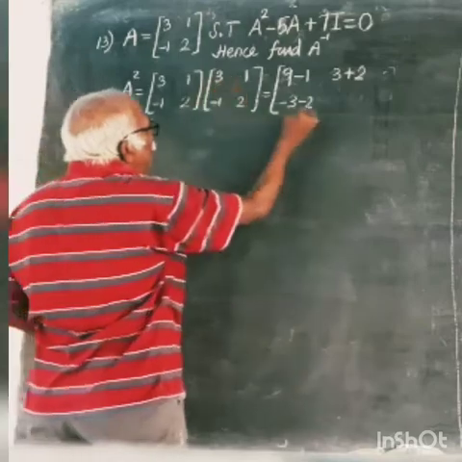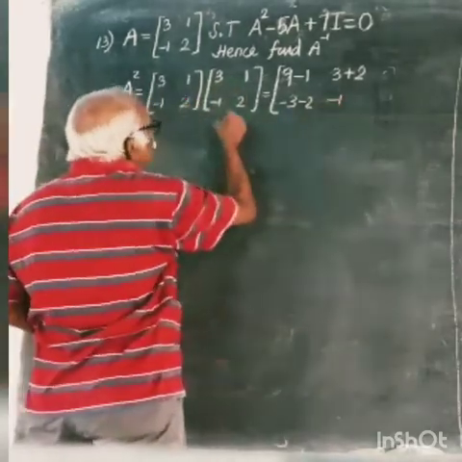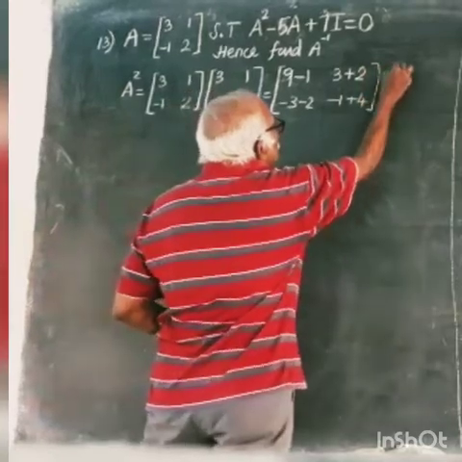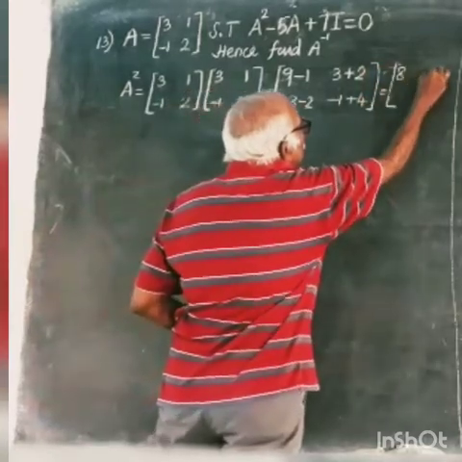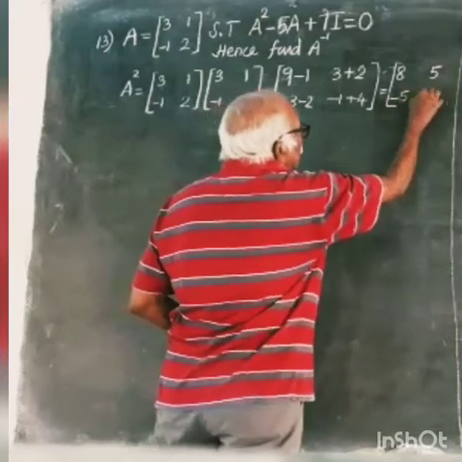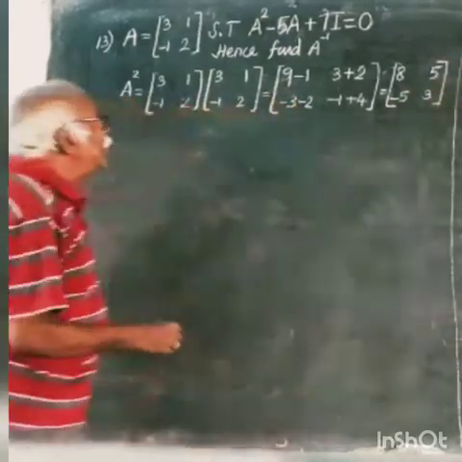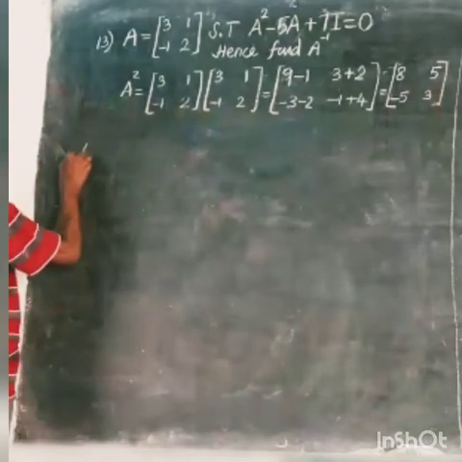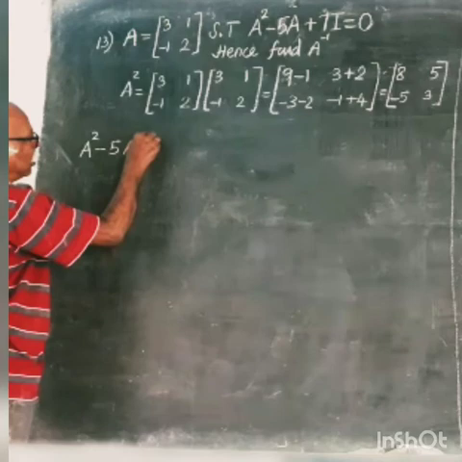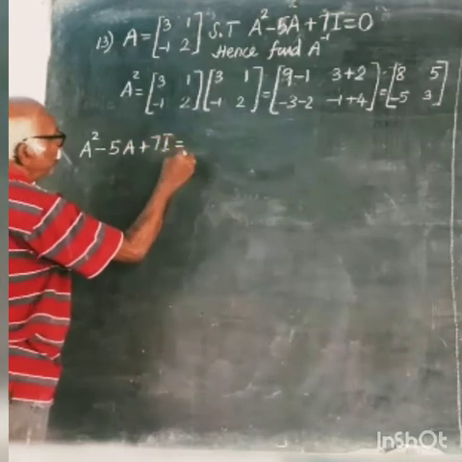Minus 1 into 1, minus 1, plus 2 into 2, 4, so 3. So you get [8, 5; -5, 3]. This is A square.